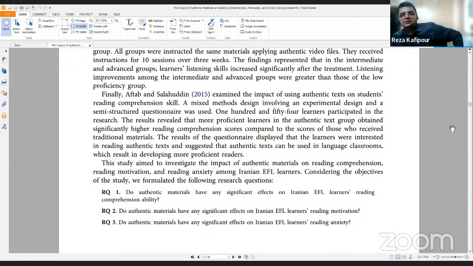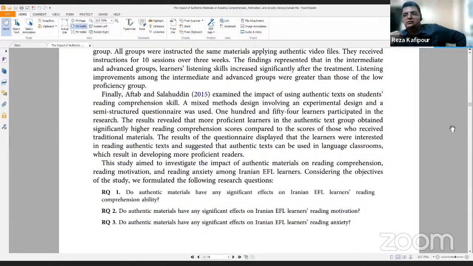Okay, so if we decide to talk about this text and what is mentioned as a research gap, we should point to authentic material based on what the author mentioned in the previous paragraph.